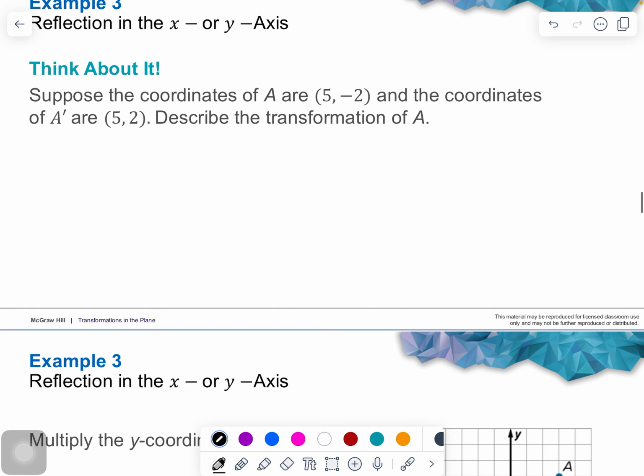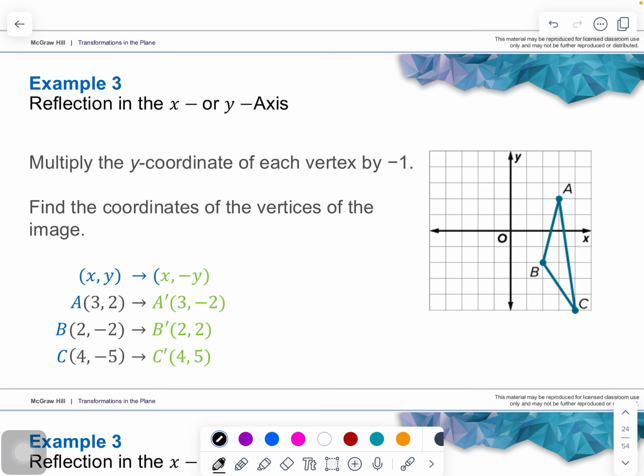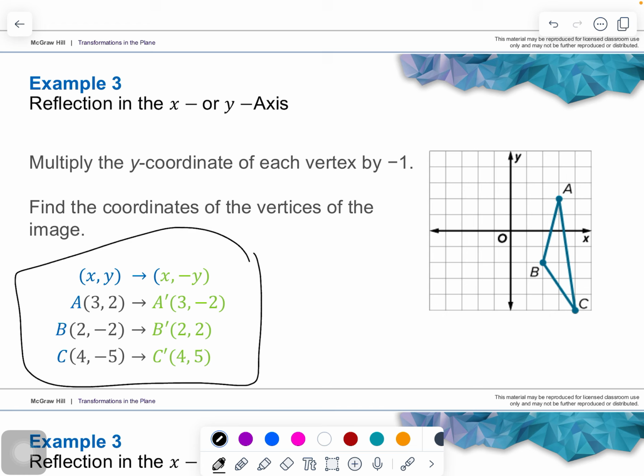So here they are. I like to write them out exactly like this. I write out my rule on top, I write out my 3 points, and then I go ahead and write out the changes right here. And those are my 3 new points. That's exactly like I like to write them. In fact, if you're writing this out on your paper, this is what I would write.